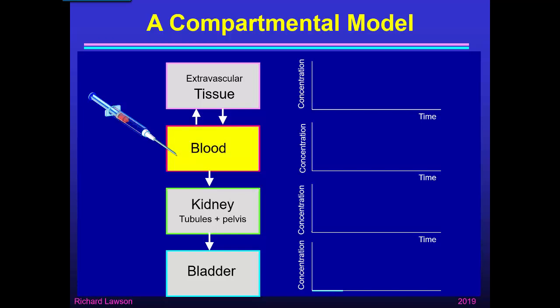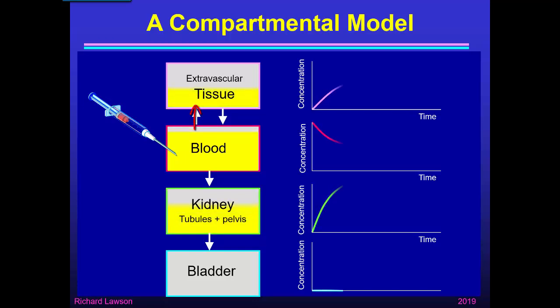When we inject, initially all the tracer starts off in the blood, so the concentration in the blood must start high. The tracer concentration in all the other compartments must start at 0. So immediately after injection, the high concentration in the blood begins to fall because of 2 reasons.